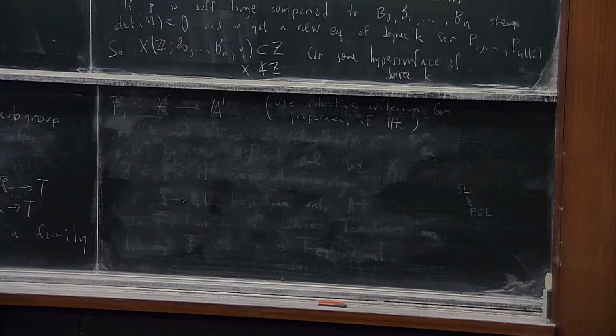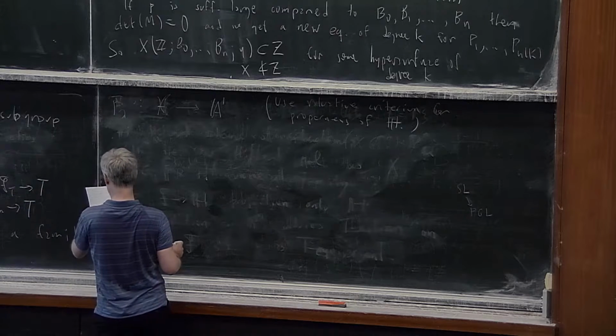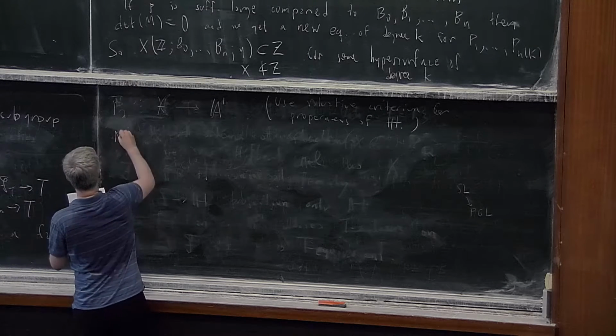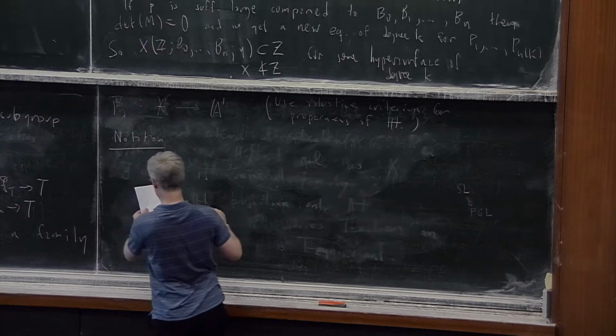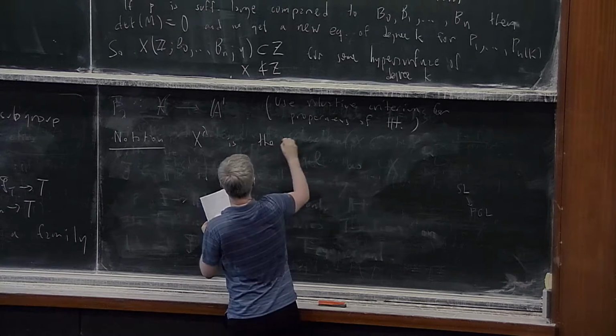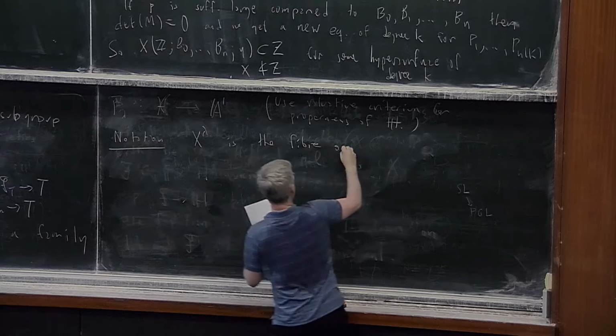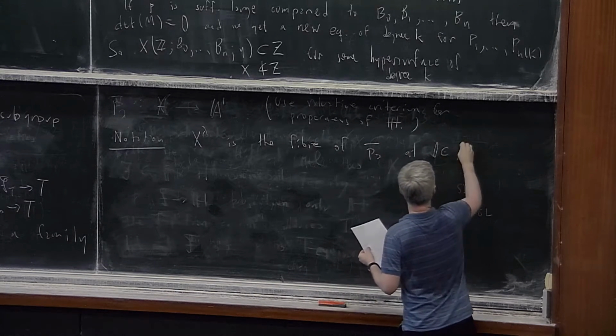Now this is G_m equivariant. So I have a notation that X_λ is the fiber of this P_λ bar at 0 belonging to A1.